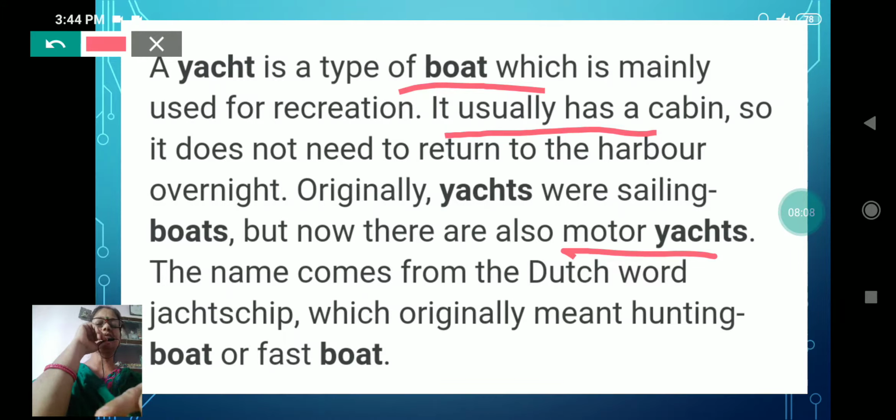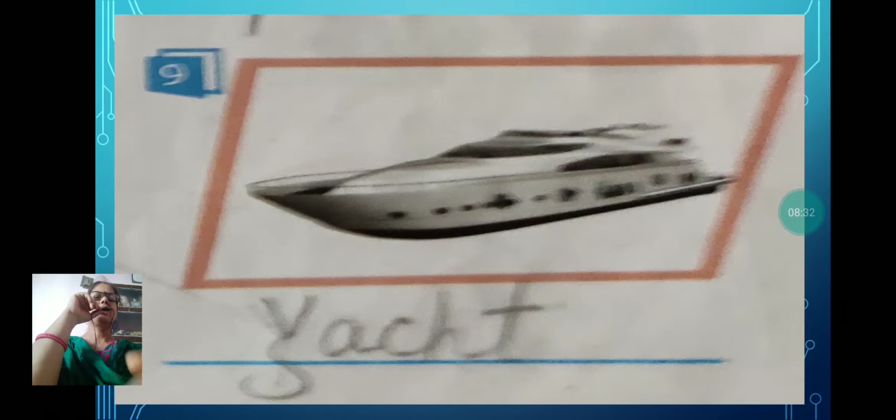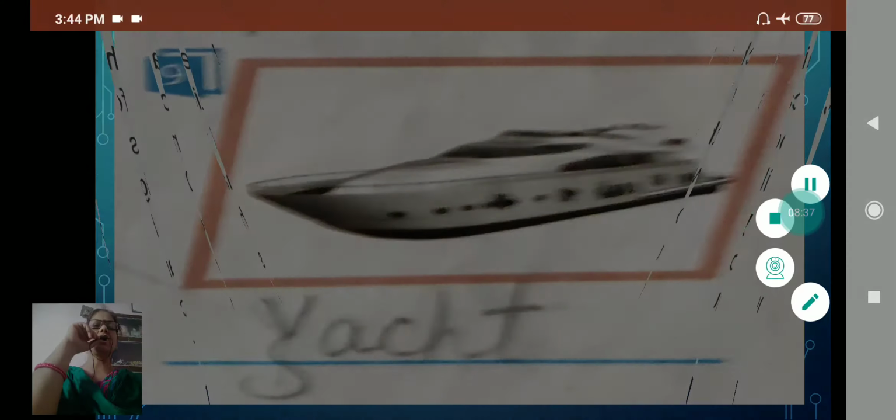As I have explained about the sailing boat, that sailing boat people used to use previously, and it is moving in the direction of the wind. But now it is modified, and people have placed a motor and machine also in this, and this is called motor yacht. And now it can move wherever you want. This is the picture of yacht.